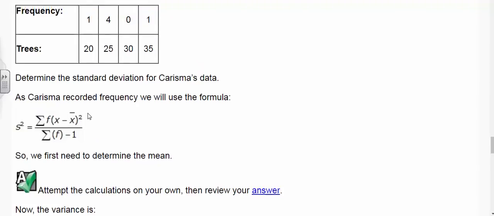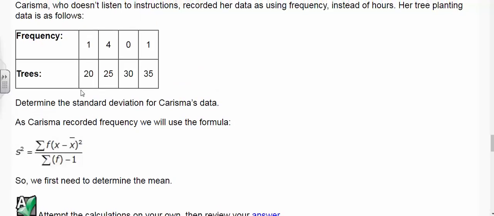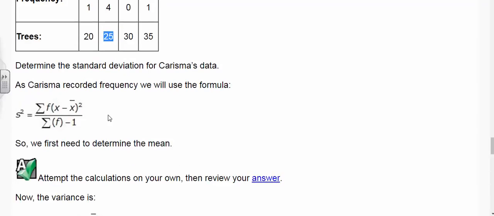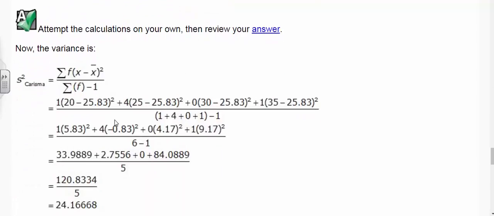I could have maybe taken that out. But basically it means there's one of these, so we'd have to do this one time. There are 4 of these, so we'd have to do this 4 times. And instead of doing 25 minus the mean squared plus 25 minus the mean squared and so on, of course, we can just do 4 times that calculation. The 0, of course, can be left out, and then there's 1 of each of the other 2.